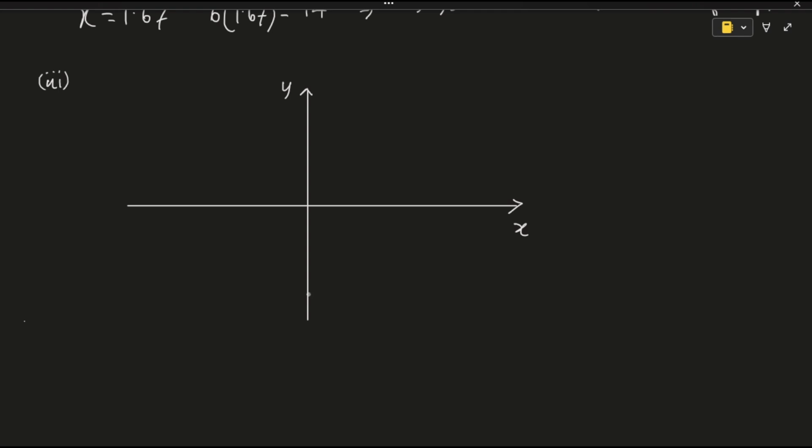The curve cuts the y-axis at the point A, which is 0, -9. At the x-axis at the point B, which is 1, 0. And at the point C, which is 3, 0. And at the point D, which is 1.67, 1.19.